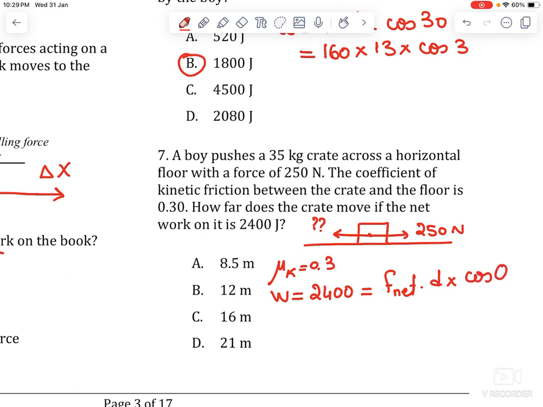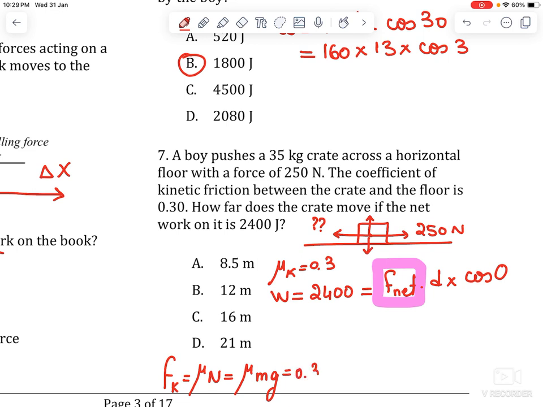Let me first find F net. I know that forward I have 250, but I don't know the force of friction. The force of kinetic friction equals mu times the normal, and the normal is equal to mg, the force of gravity.